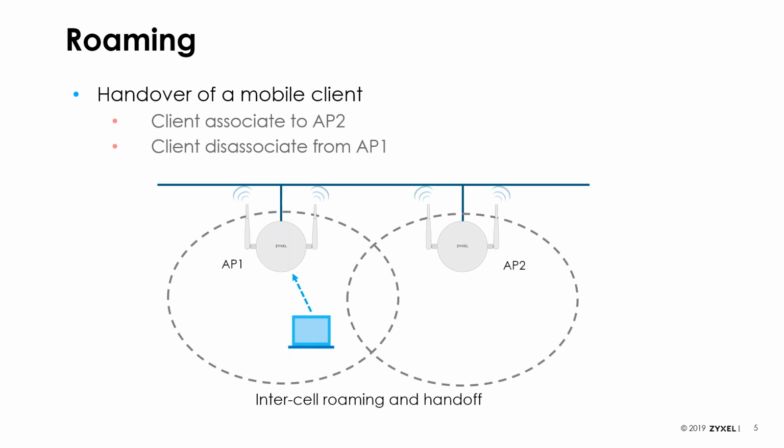Roaming is an intercell roaming and handoff, meaning that a client is moving from AP1 and disassociating and reassociating to AP2, nothing more. Basically just a client moving between APs. That is roaming.